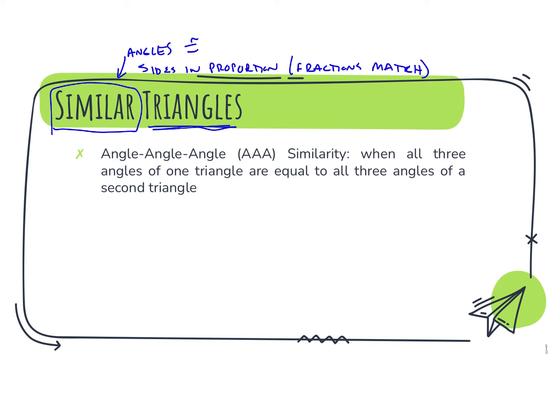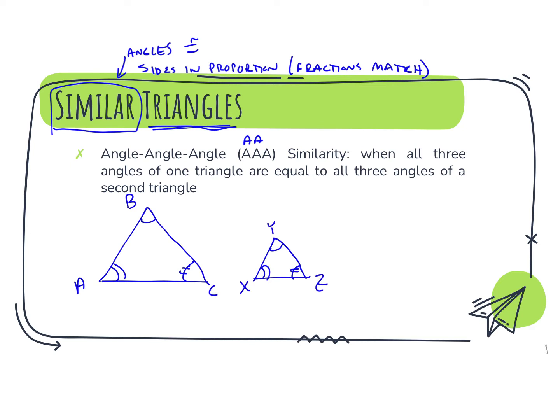So, one of them is angle, angle, angle, or sometimes just called angle, angle. All this says is that if I've got two triangles, and I can show this one's congruent to this one, and this one's congruent to this one, or just any two of those, then I can say, yes, triangle ABC is similar to triangle XYZ.